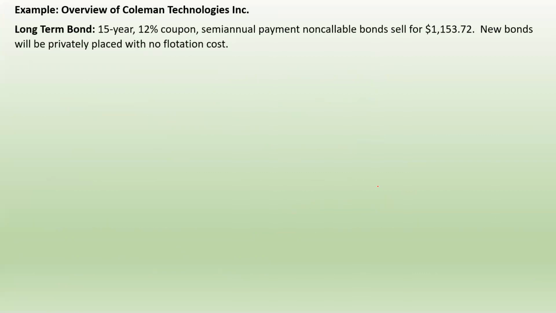So the cost of capital, again: the majority of firms have three sources of capital: debt, preferred stock, and common stock. For debt, the cost of debt is basically the yield to maturity. So let's label it here.